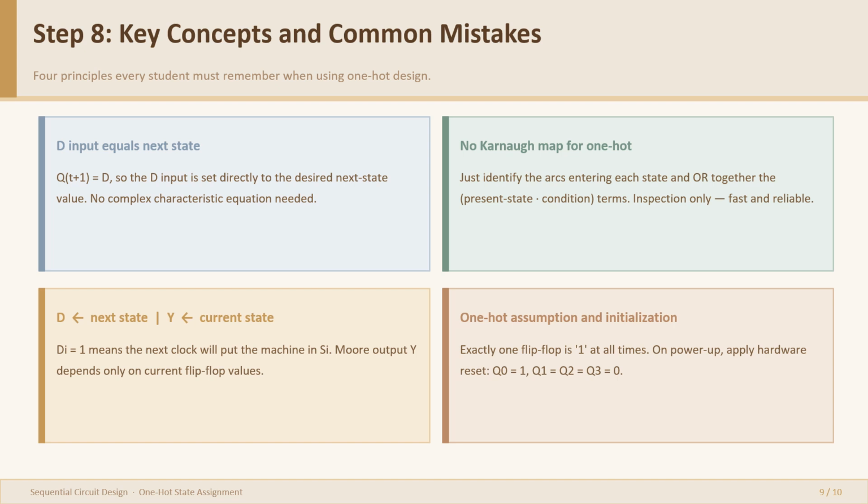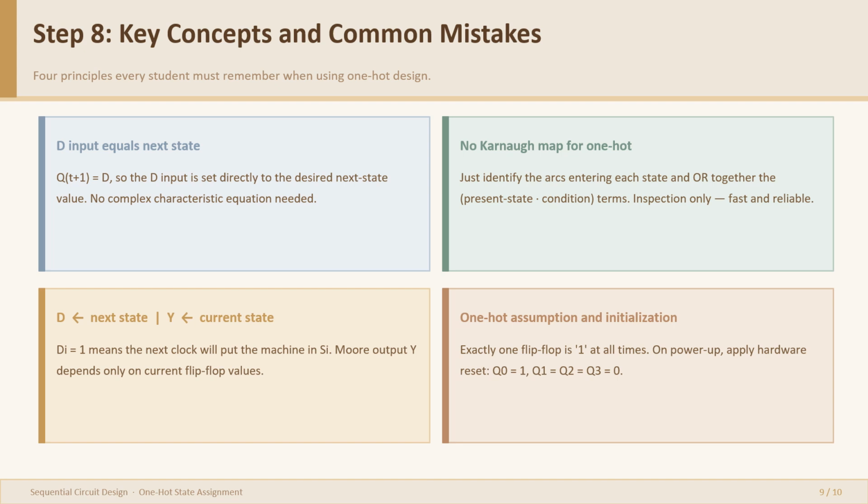There are key concepts and common mistakes in this problem. First thing, D inputs equal next state. Second thing, no Karnaugh map for one-hot. Third thing, D depends on next state, Y depends on current state.